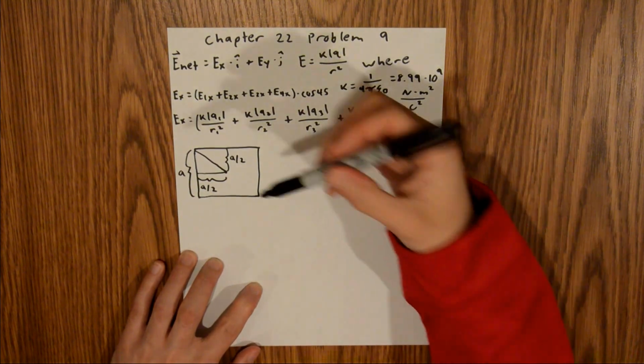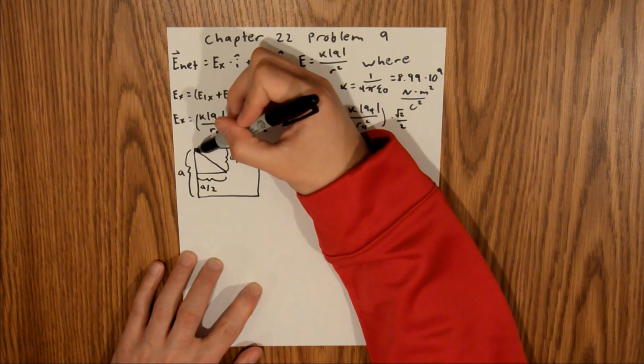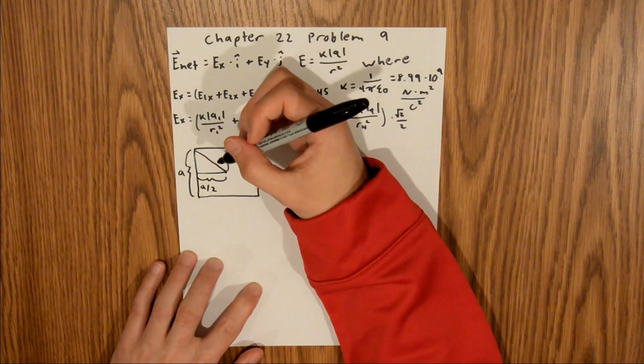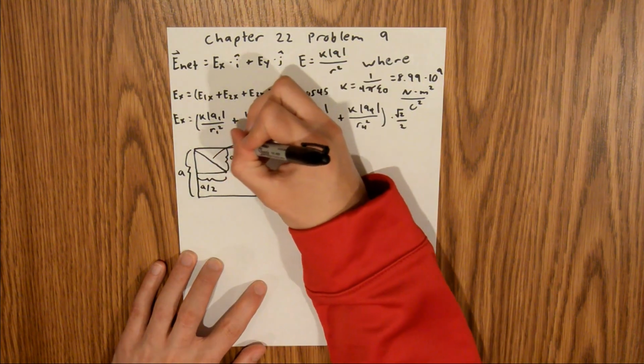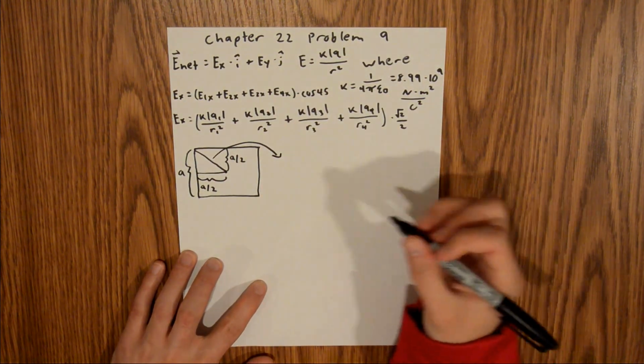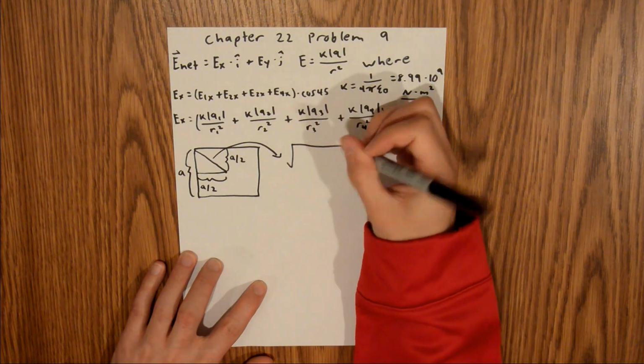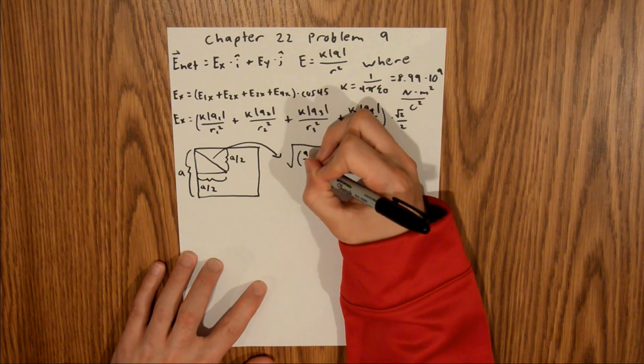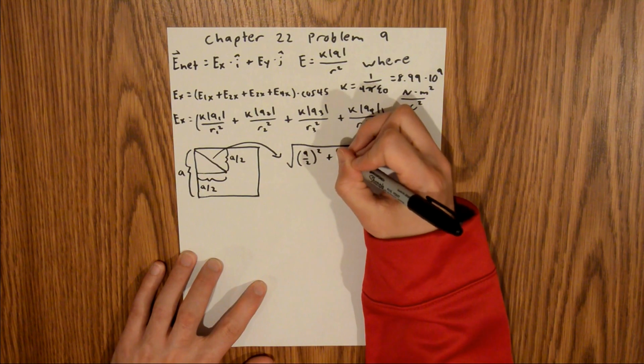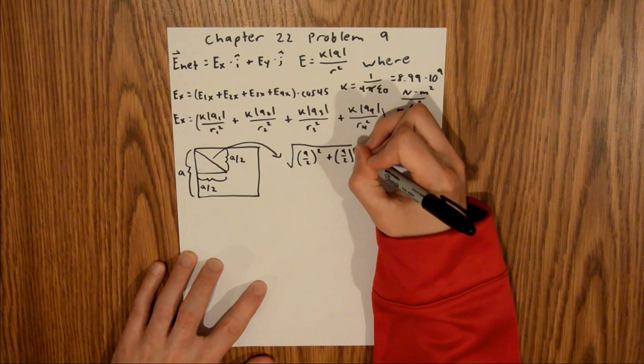And so what we can do is find our radius here from our charge to our point of interest by Pythagorean theorem. And so we can do the square root of a over 2 squared plus a over 2 squared.